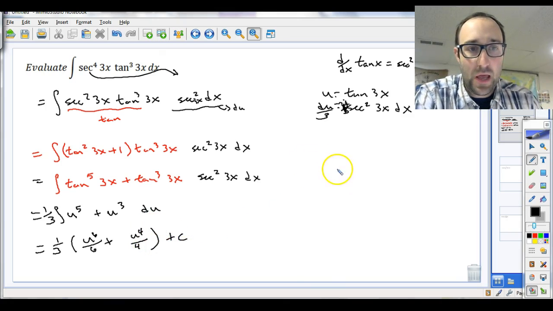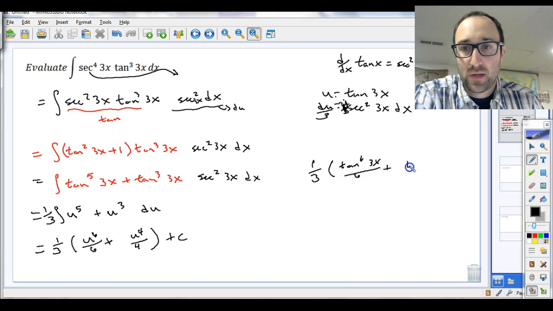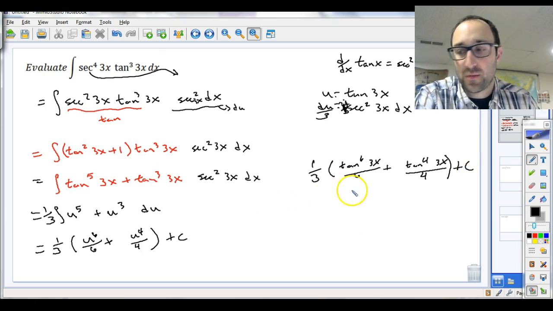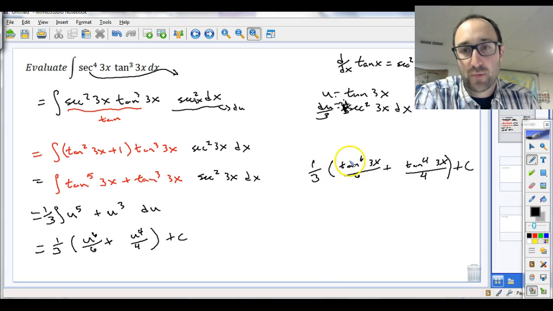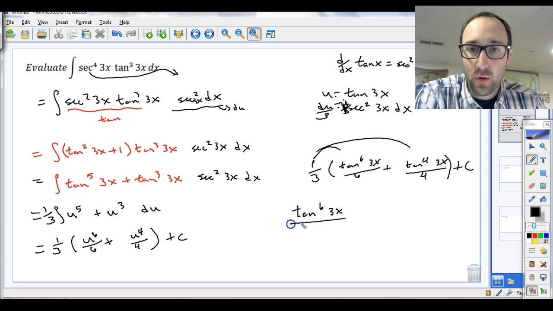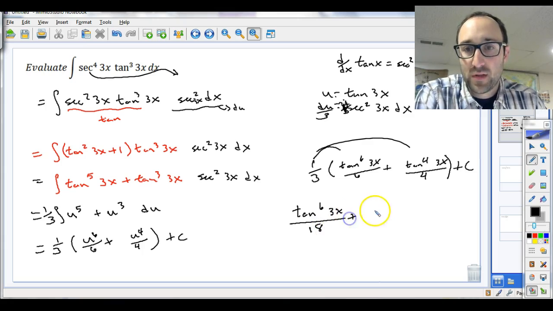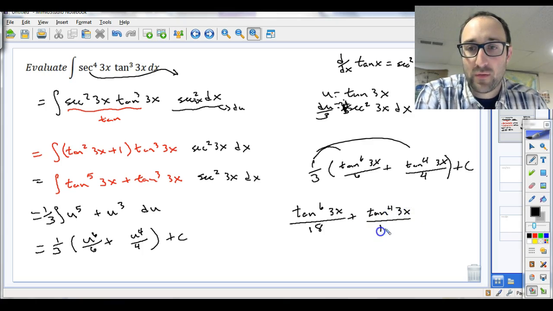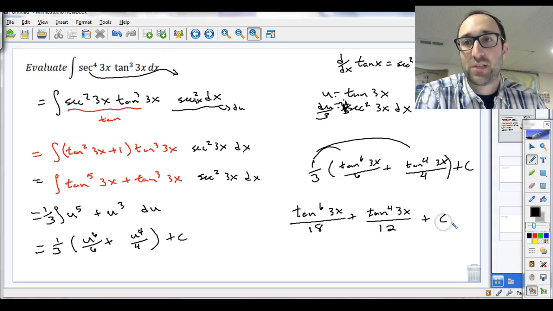Then we can rewrite that as 1/3 of tangent to the sixth 3x over 6 plus tangent to the fourth 3x over 4 plus c. If you wanted to, you could distribute the 1/3, which gives tangent to the sixth 3x over 18 plus tangent to the fourth 3x over 12 plus c. Alright, there you go.